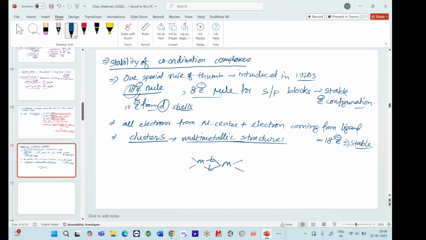So here you have a ligand that is shared between two octahedra.